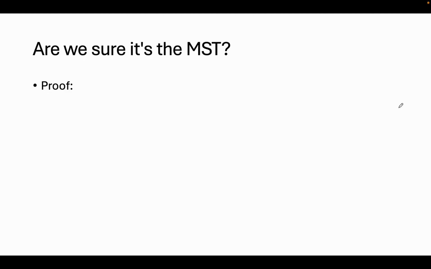All right. So there's an aside: how are we sure that this is the minimum spanning tree, that these algorithms definitely give us that? The proof in the book is a little bit complicated, at least to me.